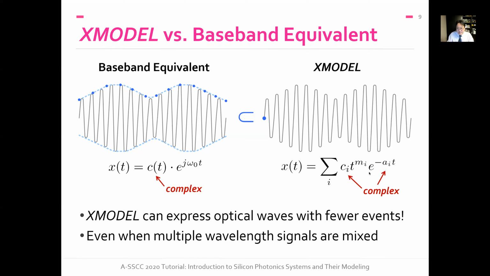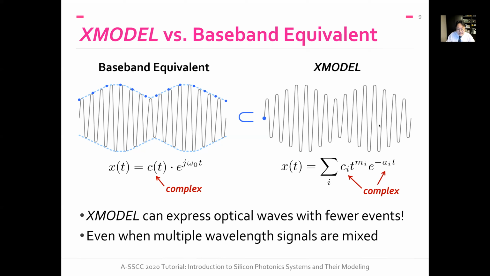And you know that exponential functions can express sinusoids. Since you can combine multiple sinusoids through the summation, and you can use these coefficients in front of each of the exponentials, it's possible to use far fewer events to describe the same signal.